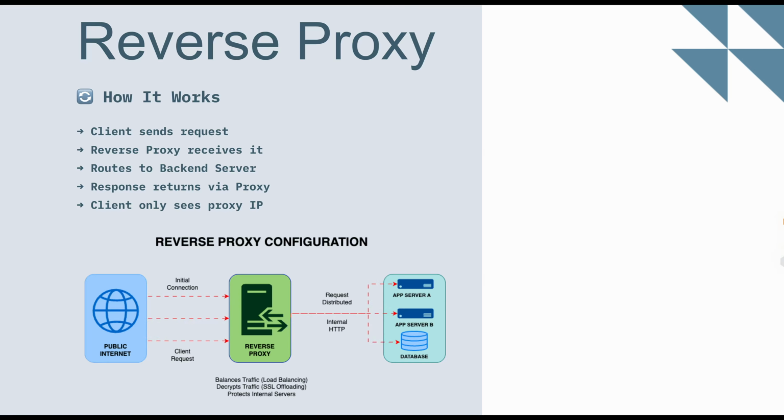The reverse proxy then routes your request to the appropriate backend server, gets the response and sends it back to you. You, as a client, only ever see the IP address of the reverse proxy. You have no idea how many backend servers there are or what their internal IPs are.